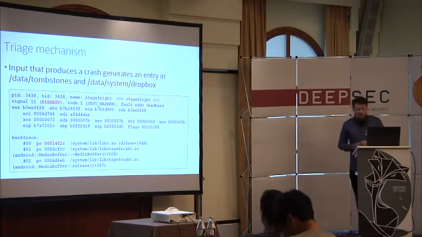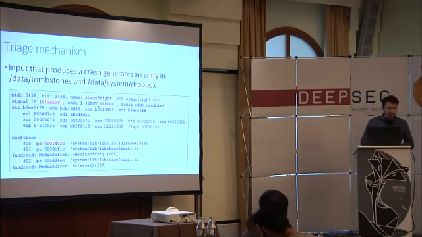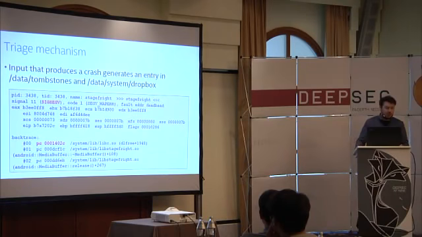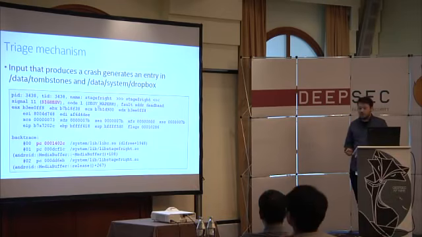How can we uniquely identify a crash based on this information? By looking at this value, the program counter value, where the crash occurred. This value is unique for each crash that occurred in the same process.